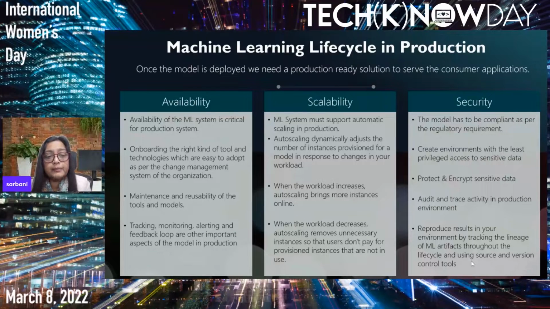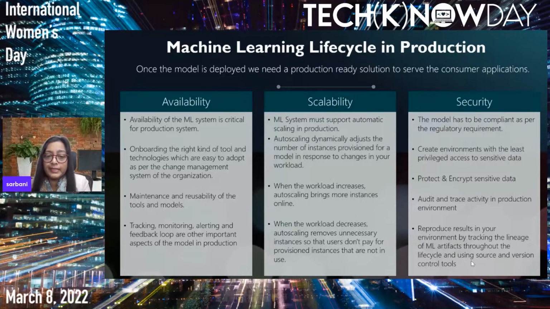Onboard the right kind of tools and technologies which are easy to adopt and can be deployed following the change management policy of the organization. We need to maintain reusability. We need to track, monitor, alert, and create a feedback loop, which are other important aspects of the model in production.